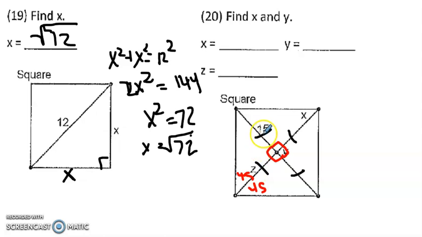So z is going to be 15, since all 4 of these pieces are the same. Y is 90, because all the angles at the intersection of the diagonals are 90s. And because all the angles going all the way around these are 45s, x is 45 degrees.